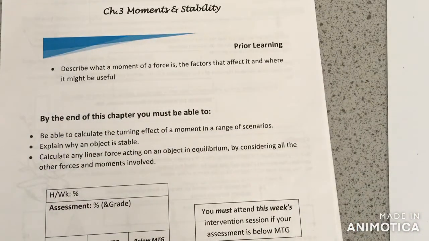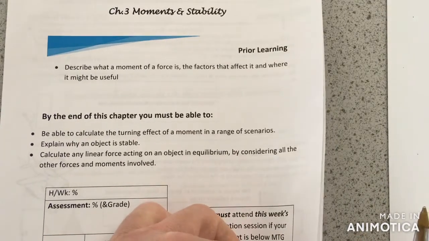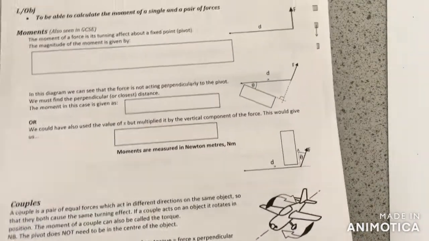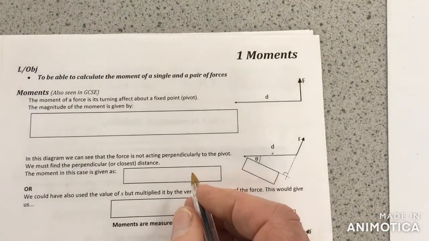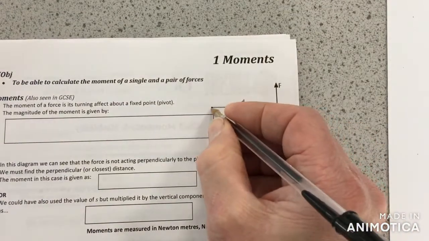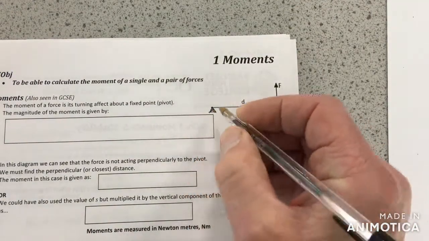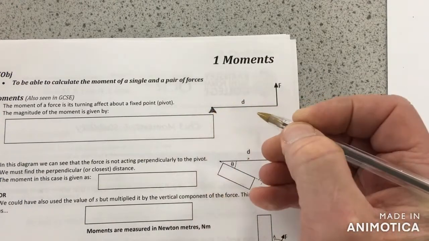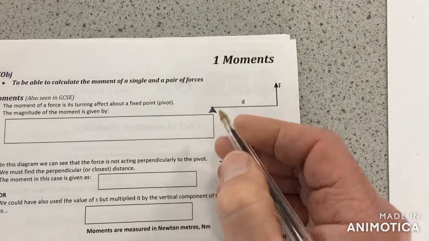Now, the actual definition of it is very similar to the work done equation that we will see later, but do not get confused. What actually matters is if we have some pivot or fulcrum, usually indicated by a triangle, kind of works with seesaws, but it also works as the axle of a wheel, for example.